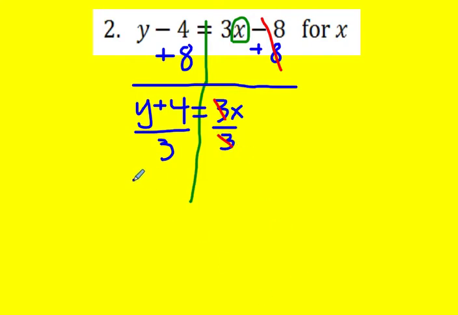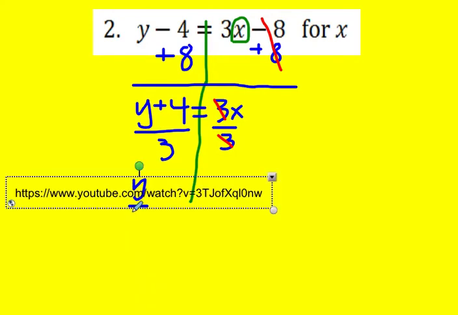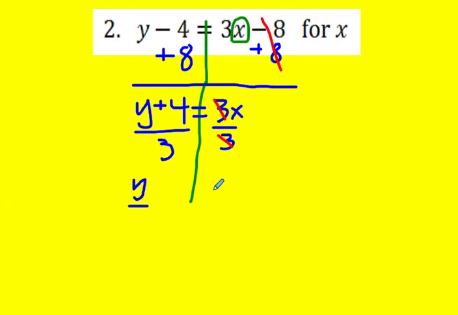So I have y over 3 plus 4 over 3 equals x. So that is our solution. We got x by itself, which is our goal.